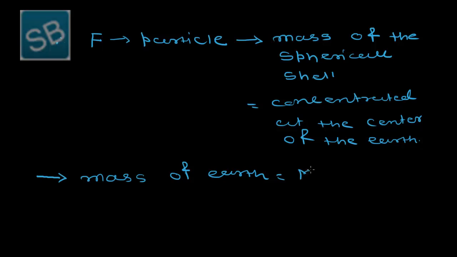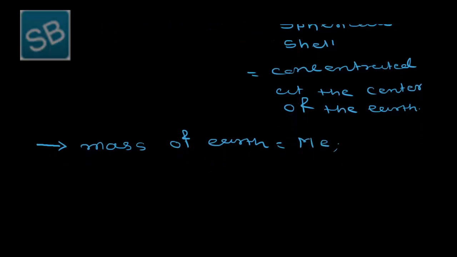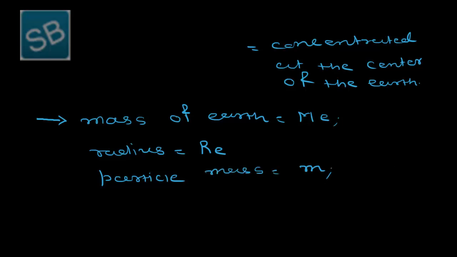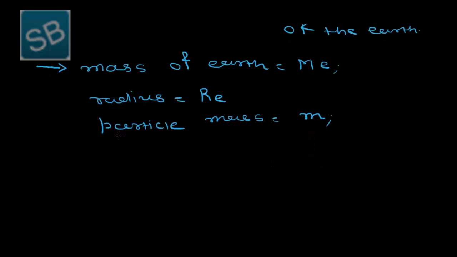Now let's suppose the mass of the Earth is Me, the radius is r, and the gravitational force of the Earth on the particle of mass m is given by F equals G m Me divided by r squared.